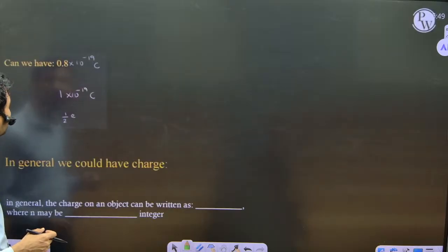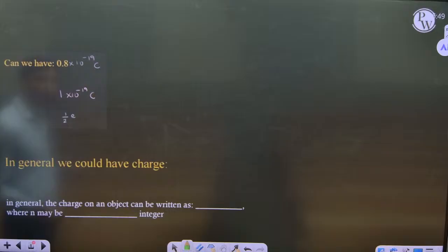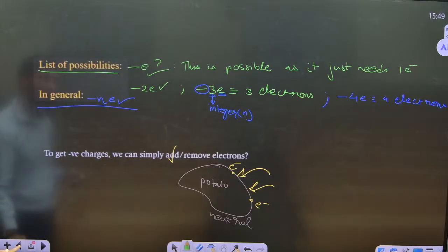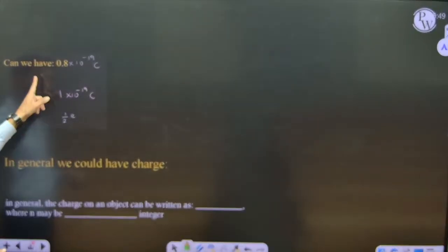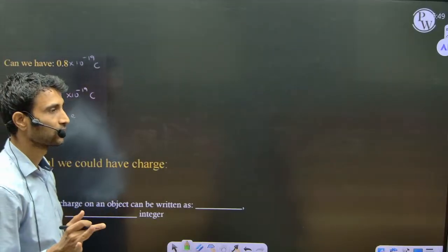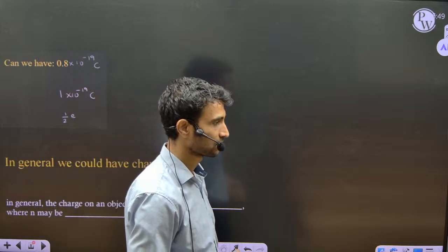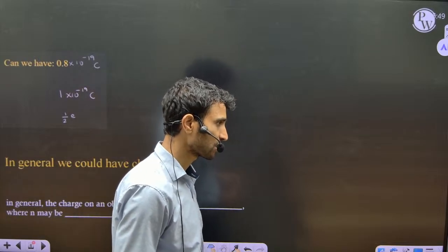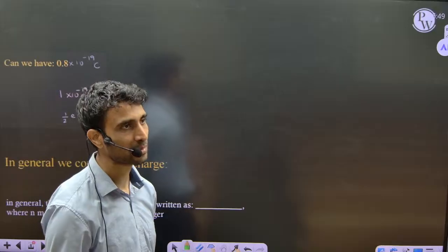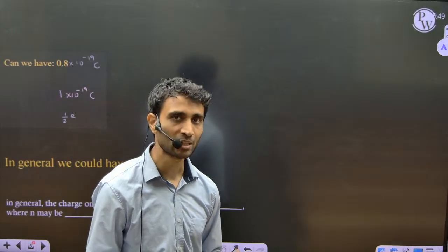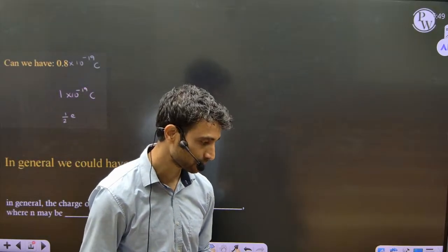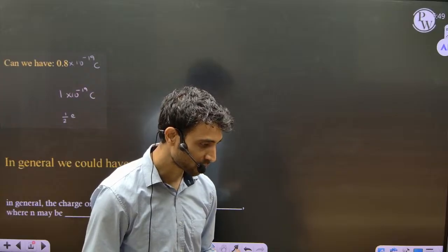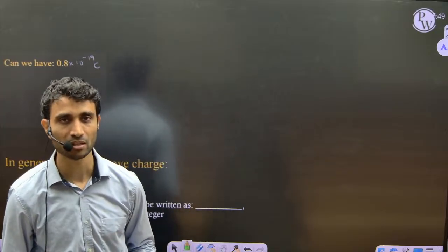And in the next lecture, we'll be talking about what sort of positive charges we can possibly have, like we did speak of what sort of negative charges we can possibly have. And we'll try to make a general formula about the kind of charges that we can have. That formula will help us determine with mathematical certainty and precision what sort of charges are allowed and what sort are not allowed.